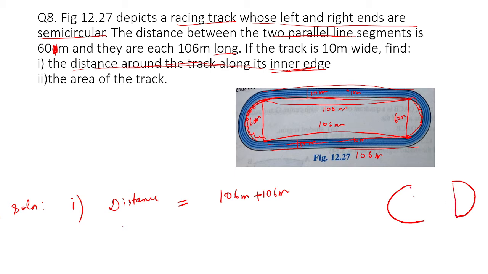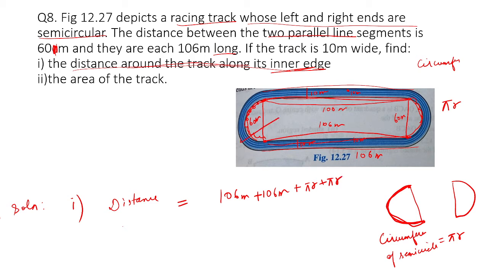Now for this remaining portion, we have to take the circumference, because circumference only includes the line. So this is a semicircle, so this is the circumference. The circumference of a semicircle is equal to pi r. So pi r plus pi r, because we have two semicircles.